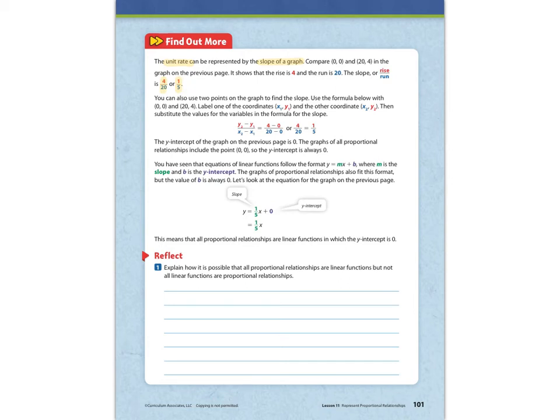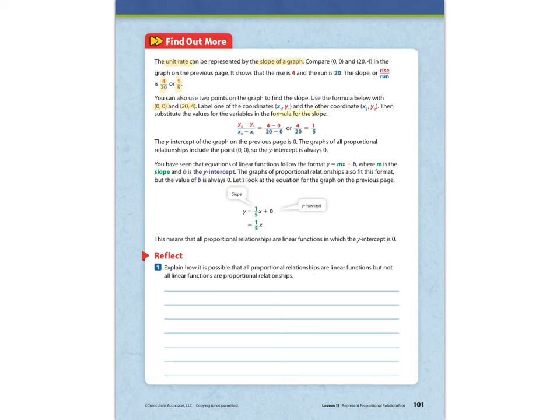You can also use 2 points on the graph to find the slope. Use the formula below with the point 0, 0 and the point 20, 4. Label one of the coordinates x1 and y1 and the other one x2, y2.